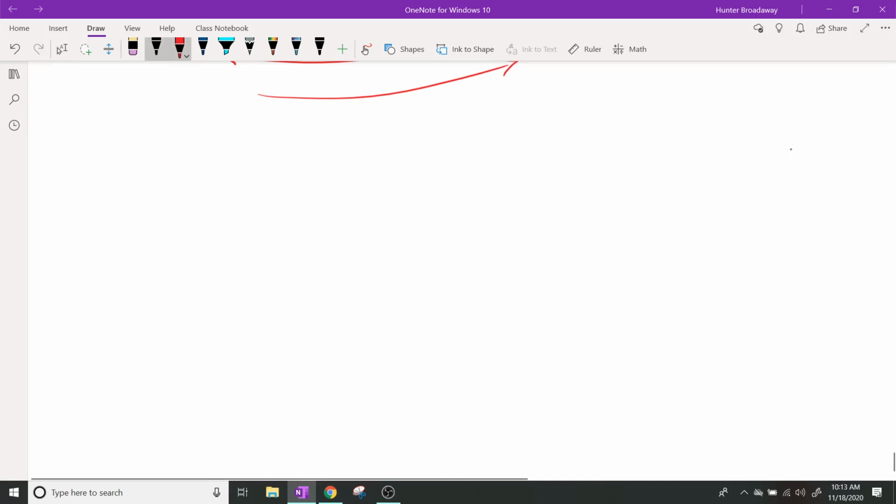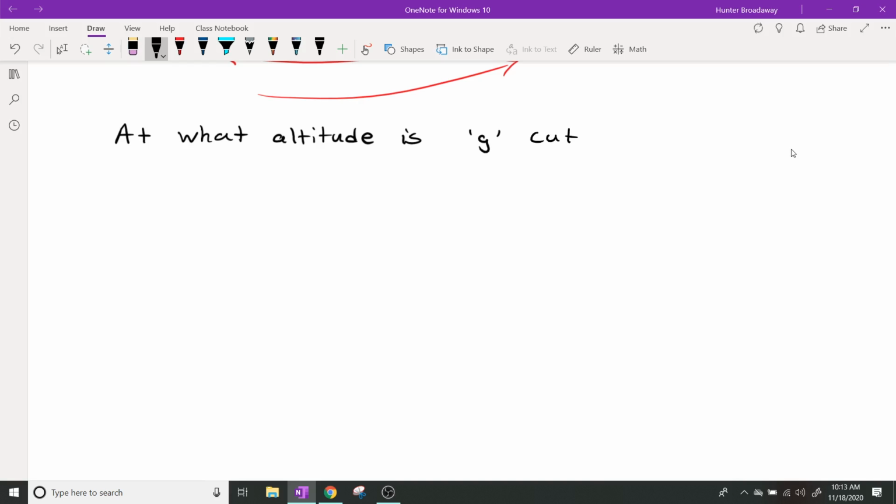Basically, yeah. All right. So I think we're gonna go for this next one. At what altitude is the constant g cut in half? Okay, at what altitude is g cut in half?